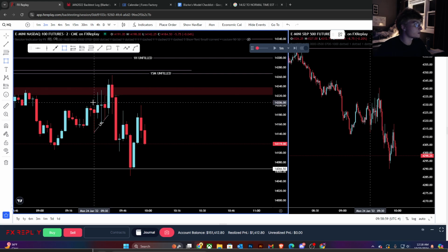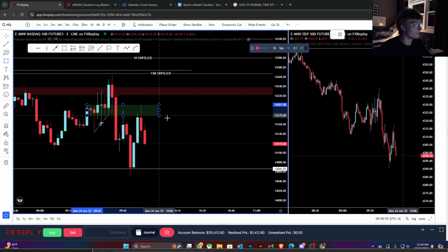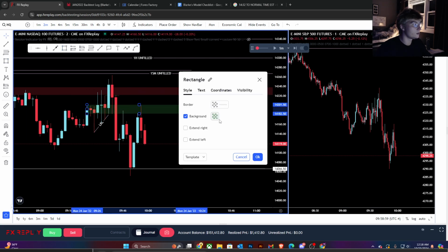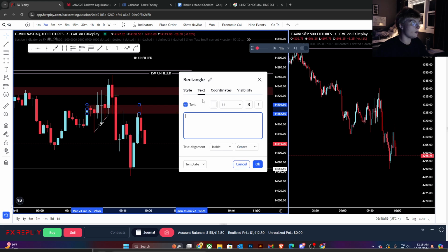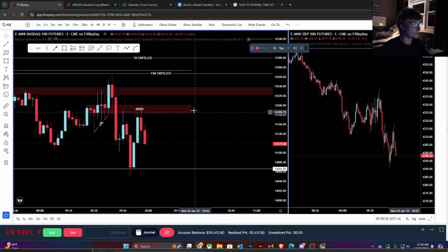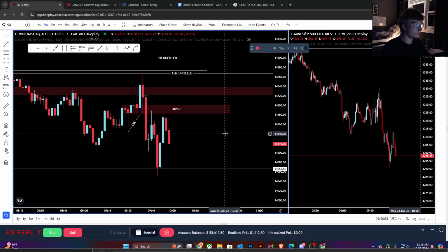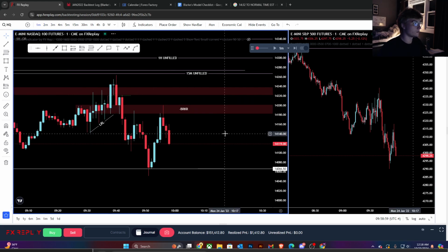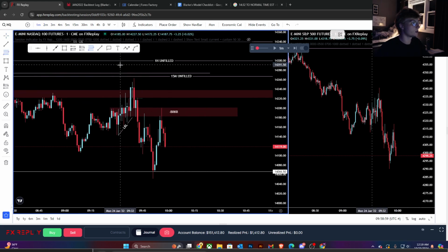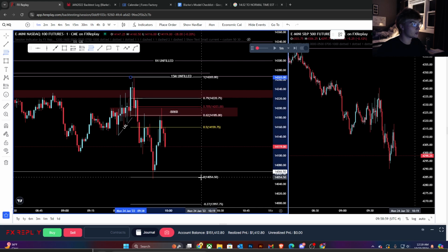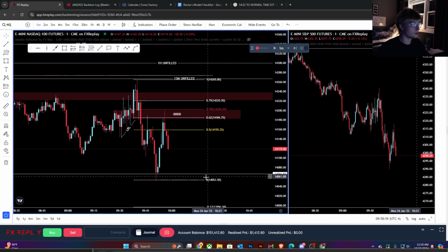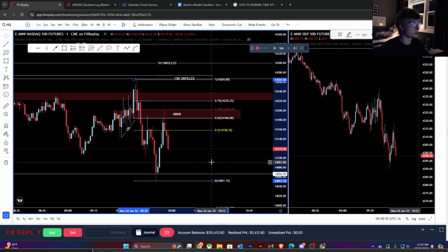Do have this type of breaker area here. Reacted off of that. One minute inversion. Delivery off OTE is nice.